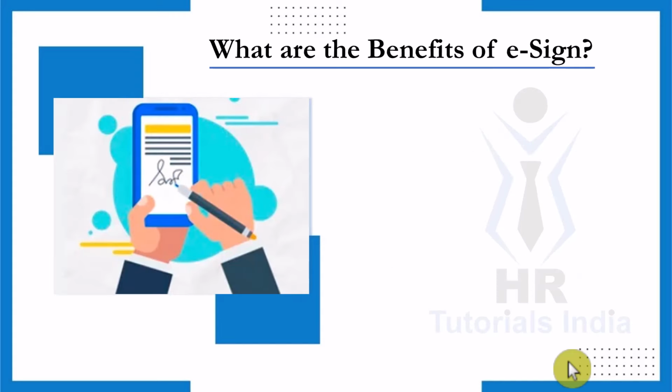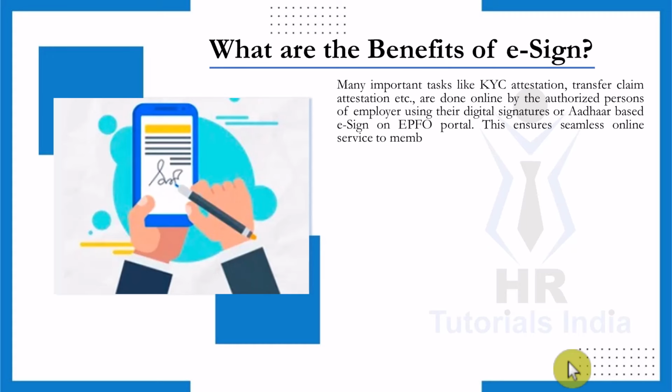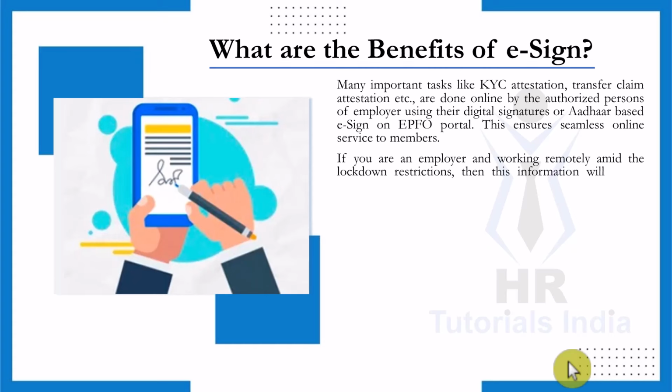What are the benefits of eSign? Now, let us understand what are the benefits of eSign when compared to DSC. Many important tasks like KYC attestation, transfer claim attestation, etc. are done online by authorized persons of employer using the digital signatures or Aadhaar-based eSign on EPF portal. This ensures seamless online service to members. If you are an employer and working remotely amid the lockdown restrictions, then this information will be interesting for you.